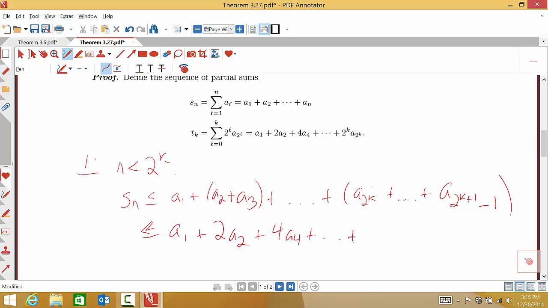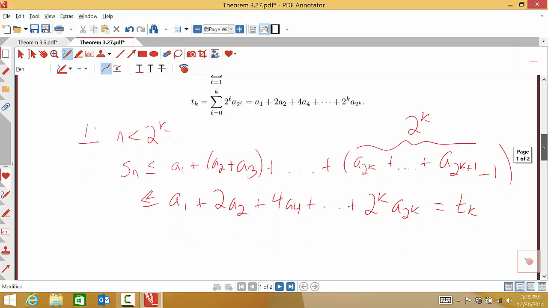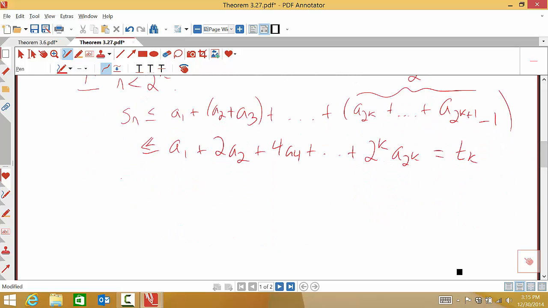This last one we're going to have 2 to the k terms in this, so we'll have 2 to the k times A sub 2 to the k. And now this is exactly that sequence T sub k. So what we've shown here is that S sub n is less than or equal to T sub k. So that's helpful.